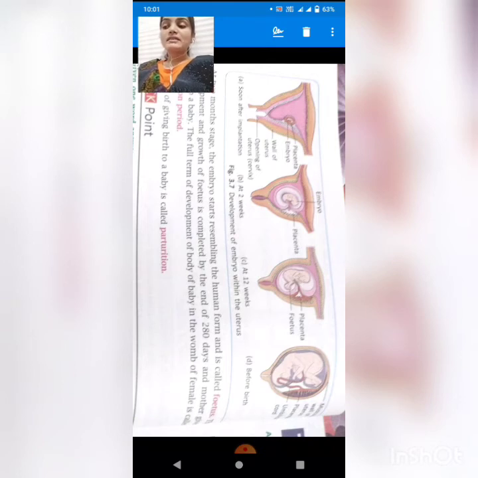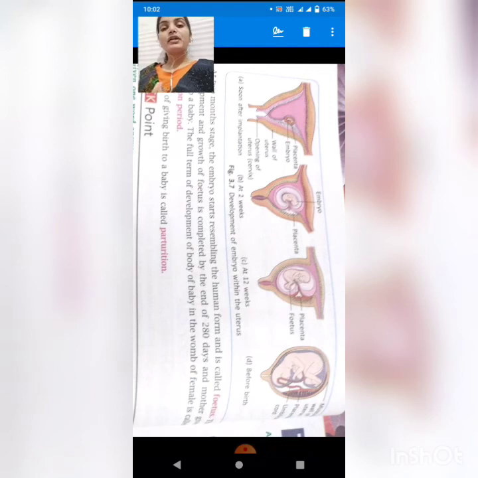When the embryo matures, the placenta is connected to the fetus with the help of a tube-like structure known as the umbilical cord.